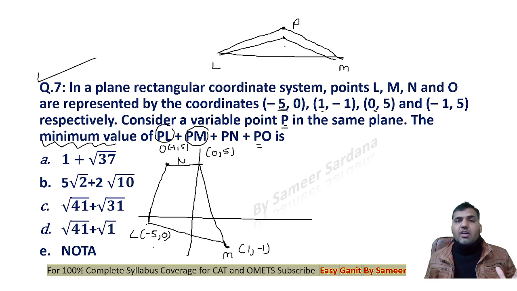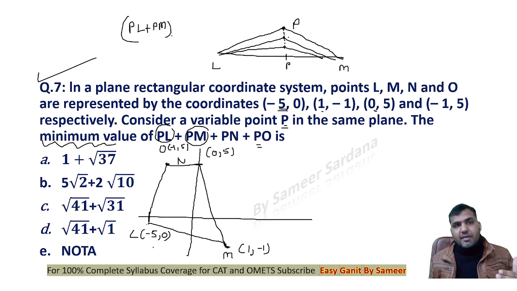Now you see that if you keep on taking the point P away from the line LM, the length of PL plus PM keeps on increasing. PL plus PM will be minimum if P lies on the line joining L and M. Yes or no?